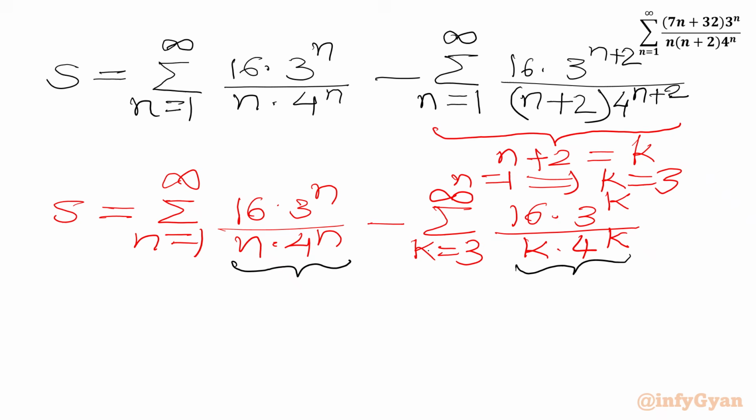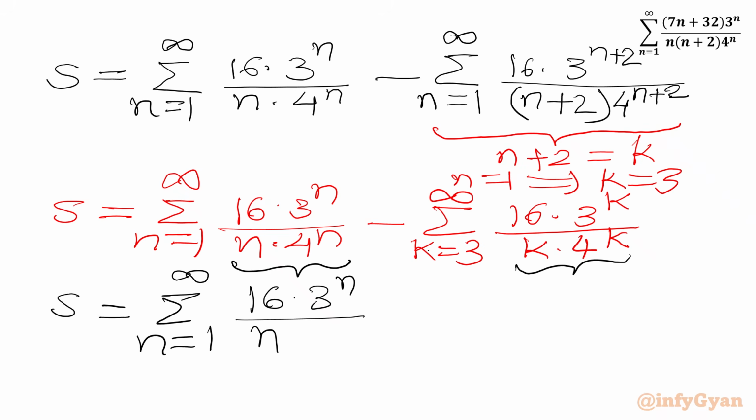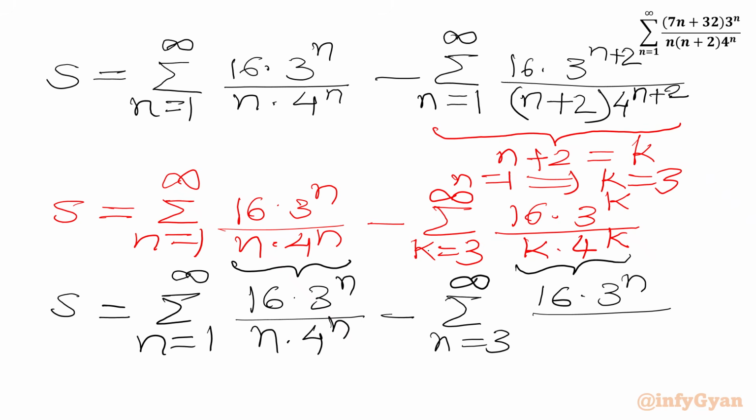So we are going to change k with n and we will write S equal to sigma n = 1 to infinity 16 times 3 power n over n times 4 power n, minus sigma n = 3 to infinity 16 times 3 power n over n times 4 power n.